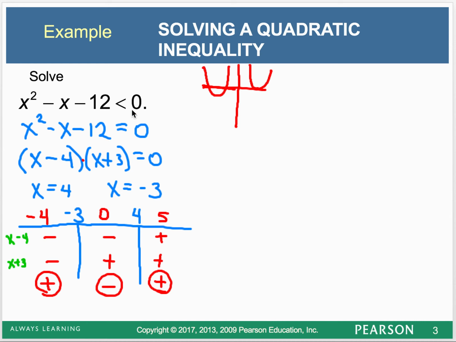Now, if I had an equal sign, I would want the parts where it actually equals 0 to be part of my answer also. But here, I don't want where it's less than or equal. I just want where it's strictly less than. So I'm not going to include -3 and 4 in my answer.